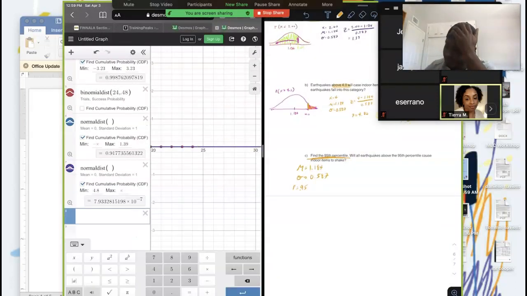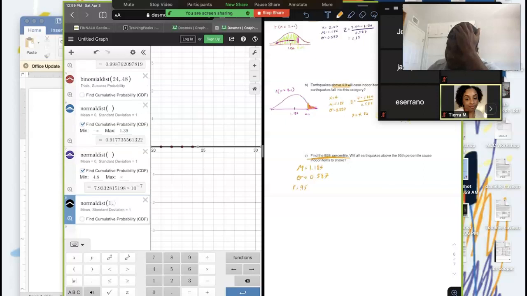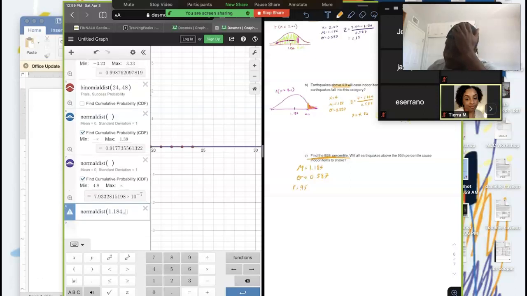So in Desmos, as before, we go to functions and then normal distribution. I'm going to change my mean and standard deviation to what I have listed here: 1.184, and then my standard deviation is 0.587.